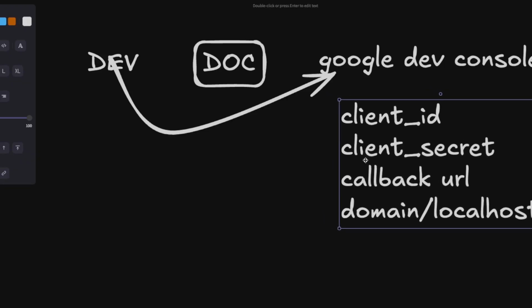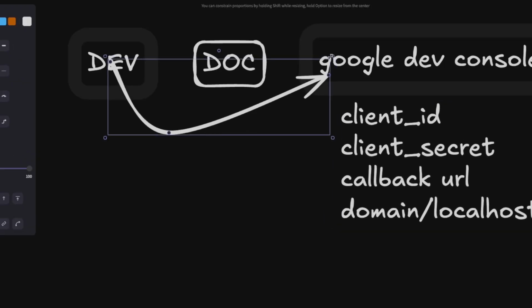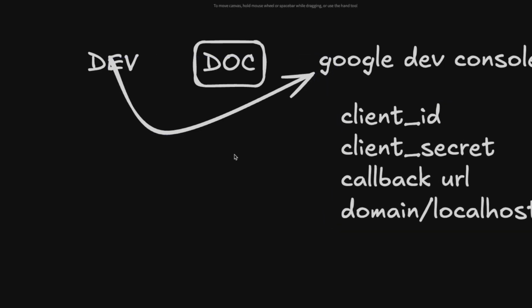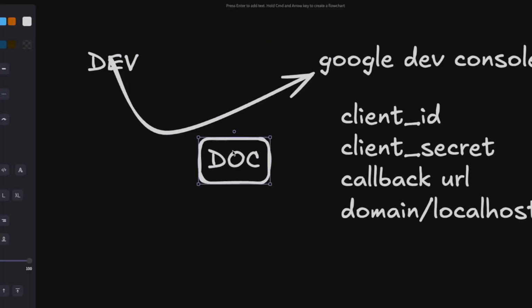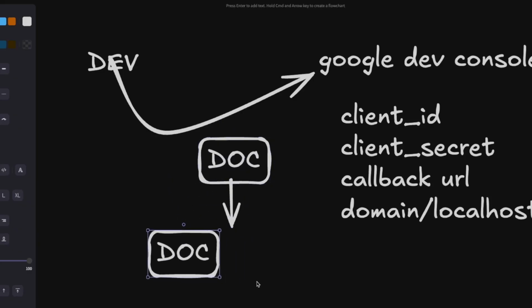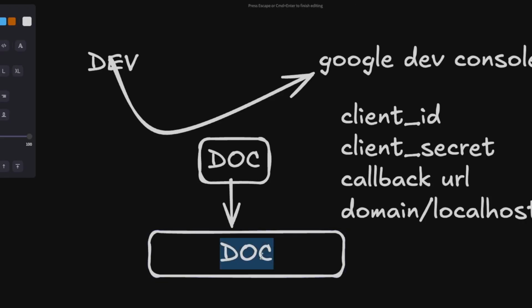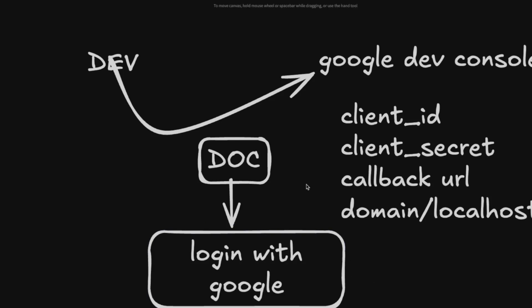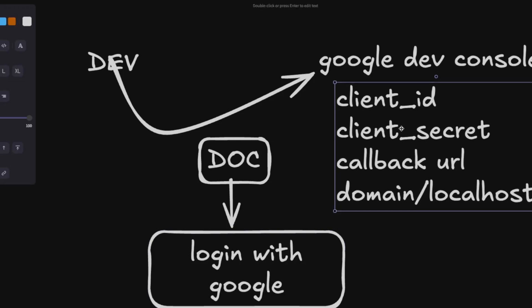Why do we need that? Because we are building a Notion app, and on this application you will provide one button, login with Google. Why do we need all this information?